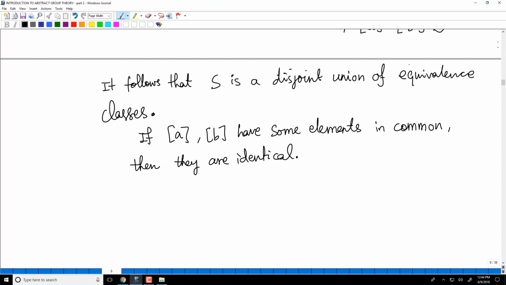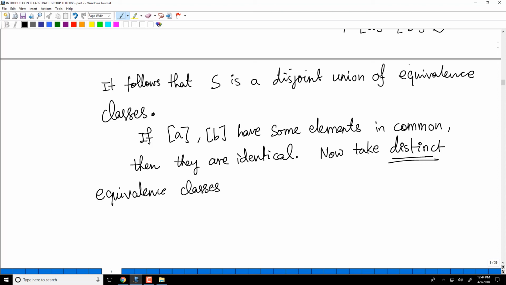So now take distinct, so not equal, equivalence classes. They are all mutually disjoint because they are distinct, right?